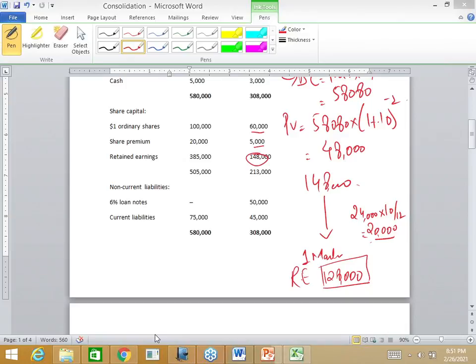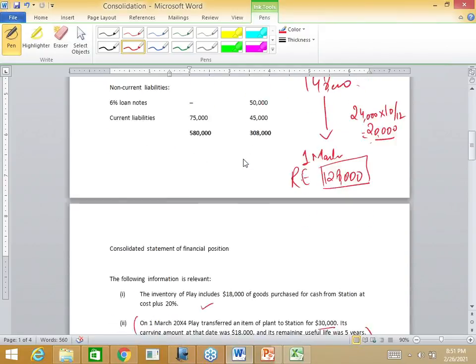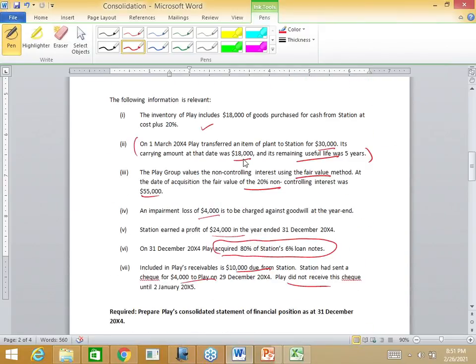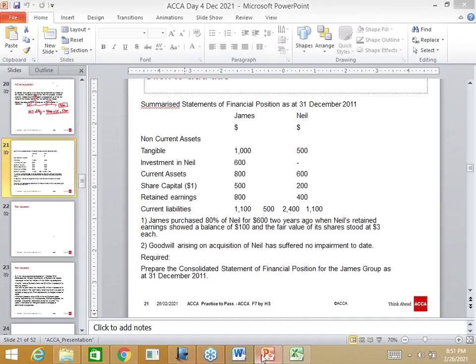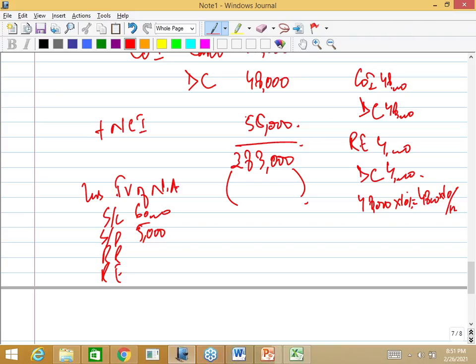Which amount will be treated as retained earnings at the reporting date? Okay. When we talk about the retained earnings at the reporting date, 148,000 is the retained earnings at the reporting date. But the retained earnings at acquisition in this question is 128,000.